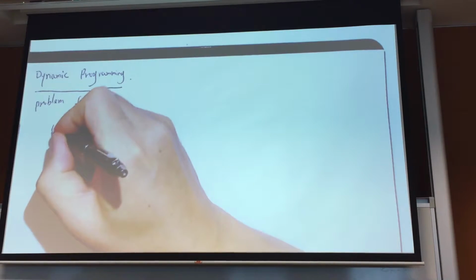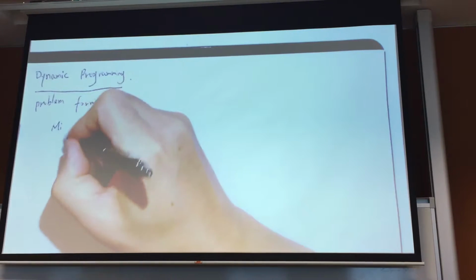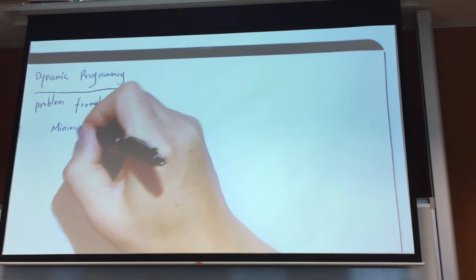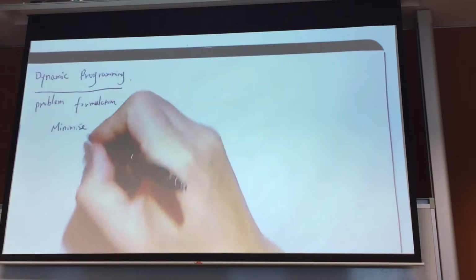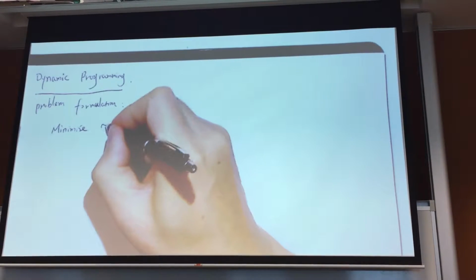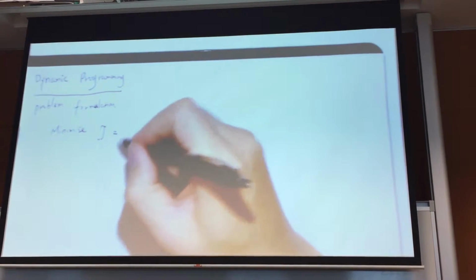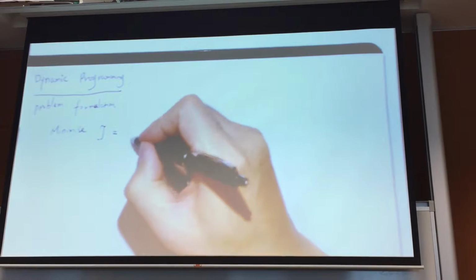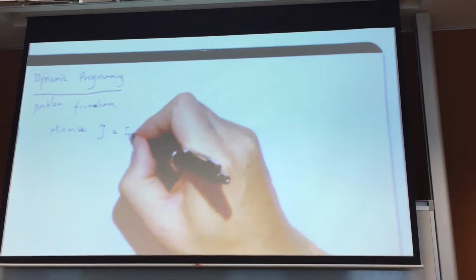Again, we are trying to solve a minimization problem, minimizing some cost function. This cost function is a scalar function, but the definition of the scalar function is a bit different. I will explain this in detail.